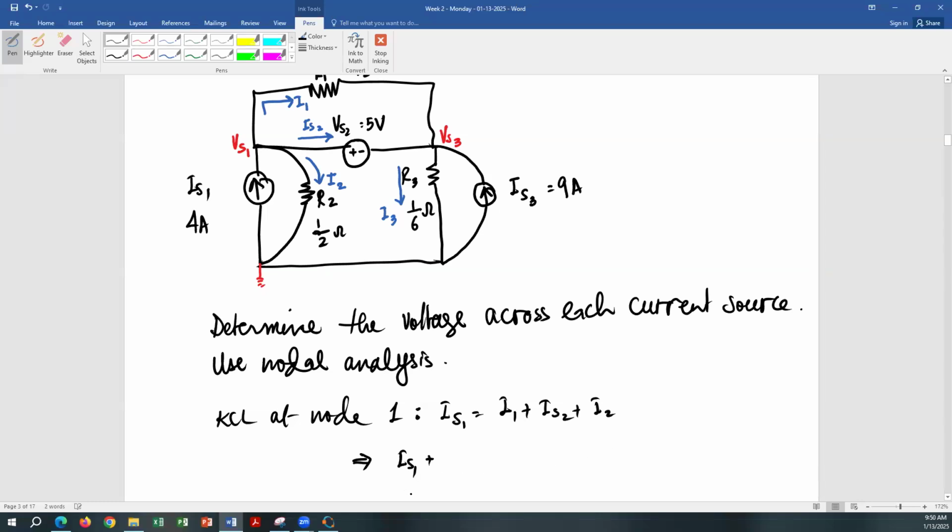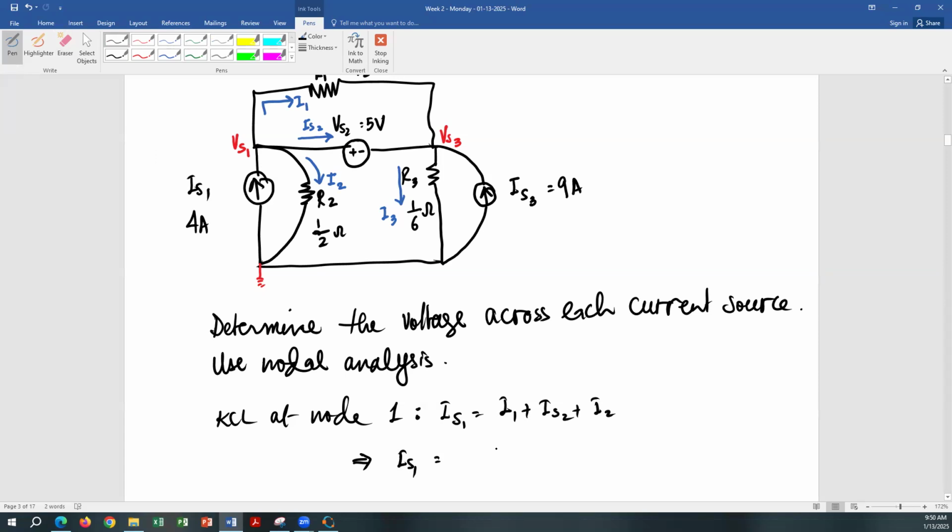I1, what will be the equation? Equals, not plus. What will be the equation for I1 in terms of Ohm's law? No, look at the direction of the current.